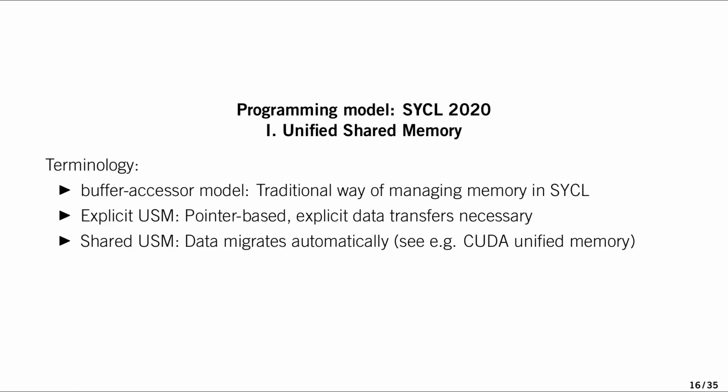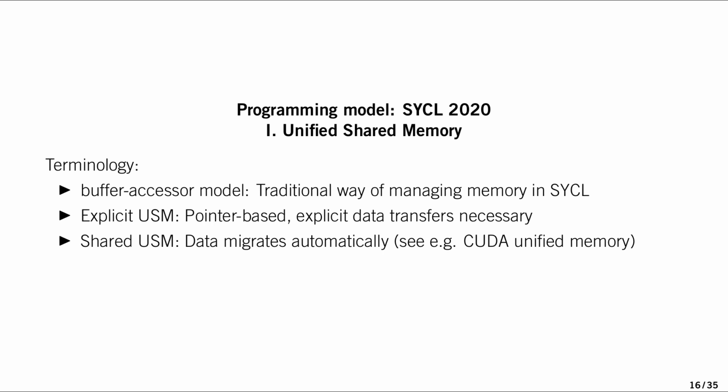For USM, let's first discuss some terminology. Traditionally, the buffer accessor model was the way of managing memory in SYCL. USM has introduced an alternative pointer-based model. In explicit USM, explicit data transfers are necessary whenever you want to move data from a USM allocation between host and device.